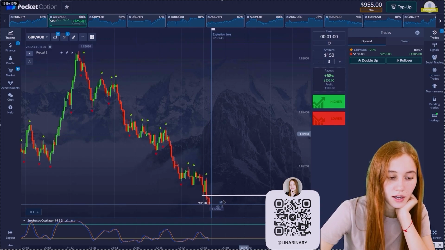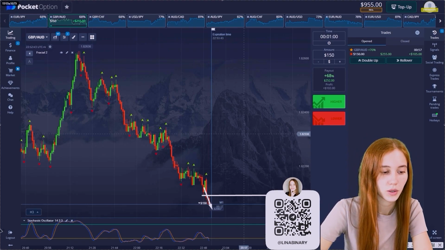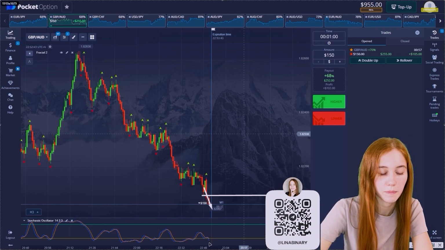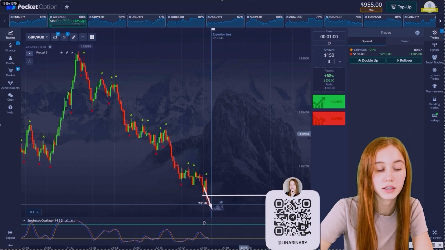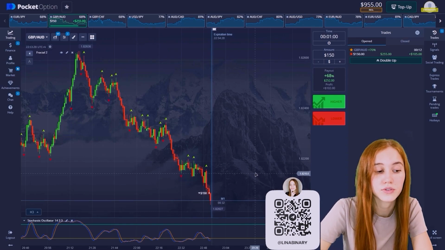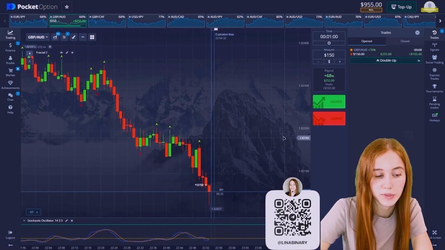Let's look at the stochastic. It shows the red prevails over blue. We also started to go below the 20 value zone. That also shows a decline in the trend. Let's see, we see that there's indeed a strong drawdown on the chart.